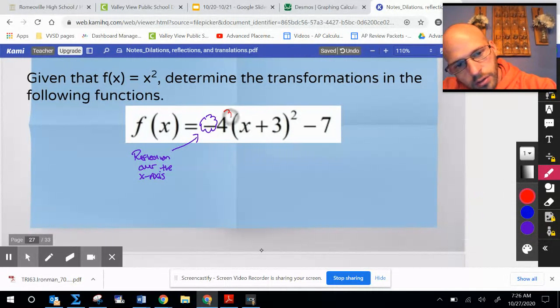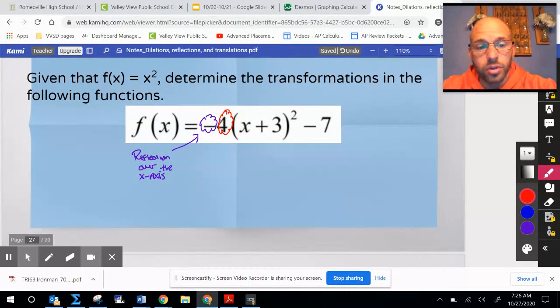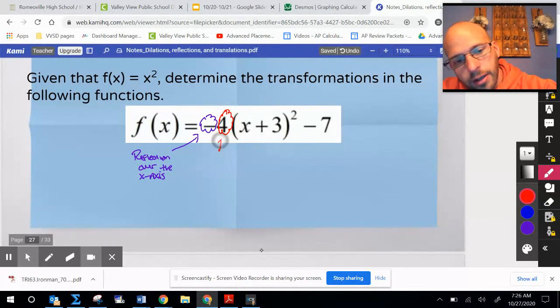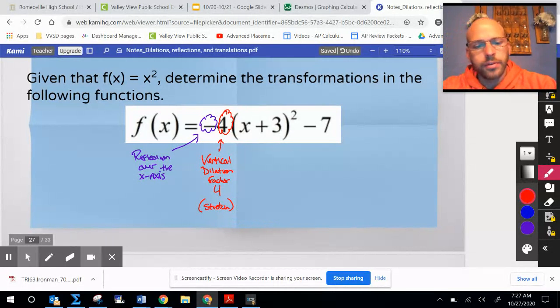Number 2, the 4 is a multiplier on the outside. We do not do the reciprocal, but I have a vertical dilation factor of 4, and because 4 is bigger than 1, that's a stretch.